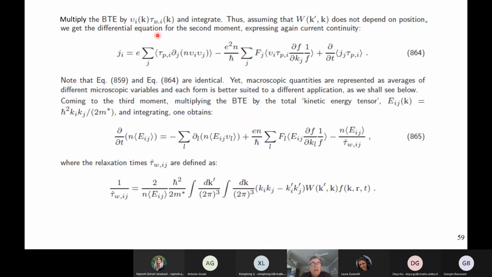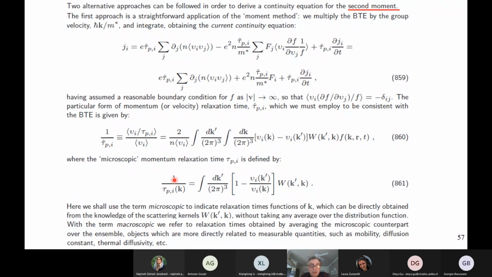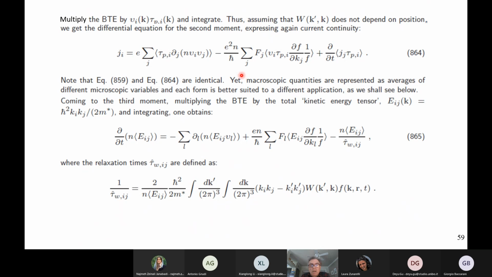In this case, we multiply now not by the velocity times this object, this momentum relaxation rate. Notice that it's similar to the microscopic, I use the same symbol, but it's slightly different. And in most cases, actually, one can simplify it this way. So I multiply and I get this expression, a very similar form, except that this tau now is inside the expectation value.